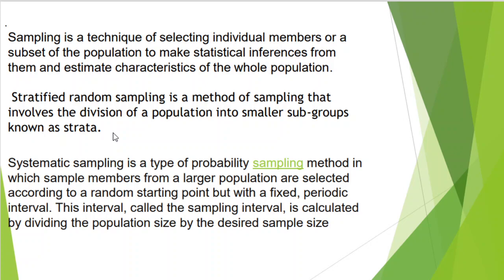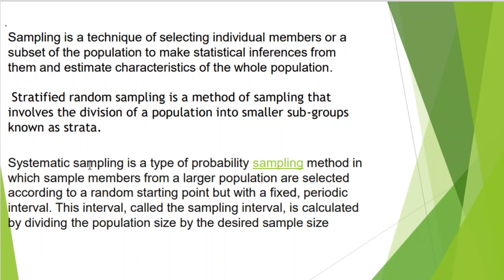It's a method of sampling that involves the division of the population into small subgroups, that is called strata, and after that samples are selected. That is called stratified random sampling. Next is systematic sampling.